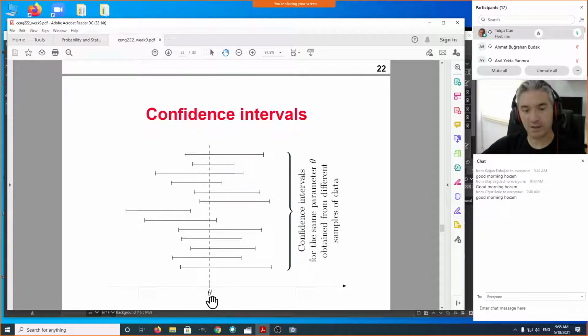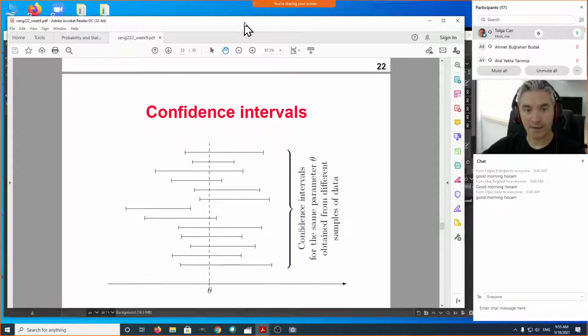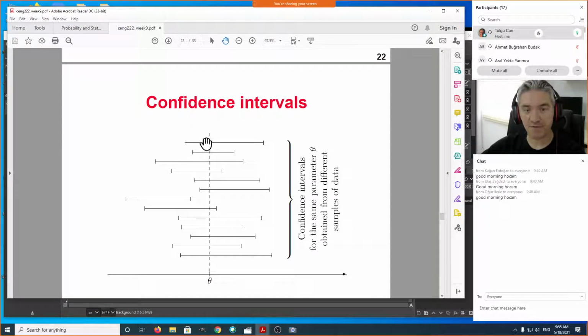As you can see, this theta is our population parameter. It's constant every time we get a new sample. These are different samples we obtain, and each time we get a sample, we get a different confidence interval. The sample mean is at the center of these intervals.